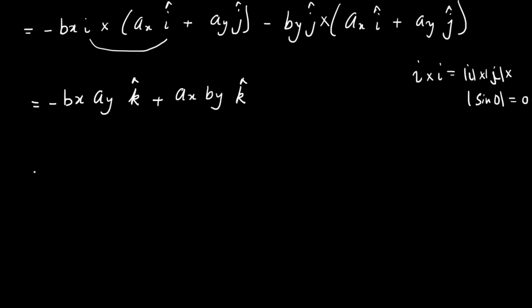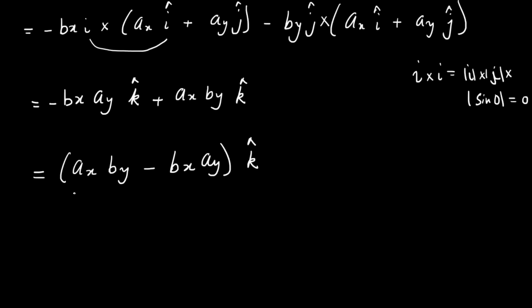And finally we have this wonderful answer. Look at how easy it is to remember this. And what is this? I'll tell you in a minute. This is the answer for two vectors which are in the xy plane.